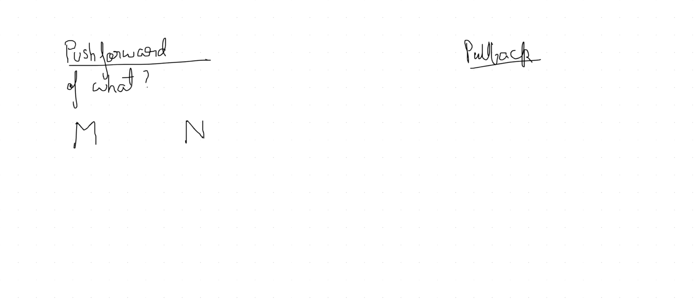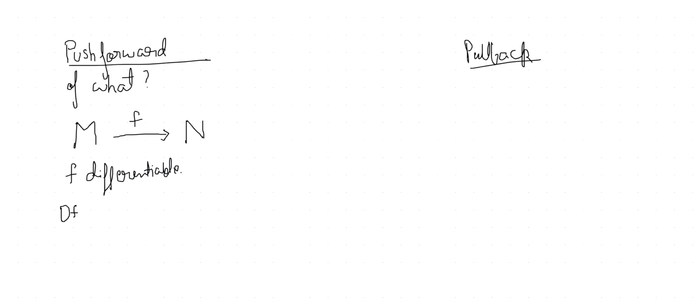And now I'm just taking a continuous function, or no, sorry, a differentiable function. Differentiable function f. Then there is something called df, which is the derivative of f. Right.